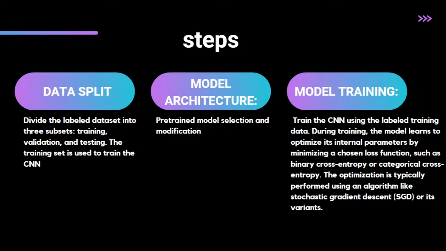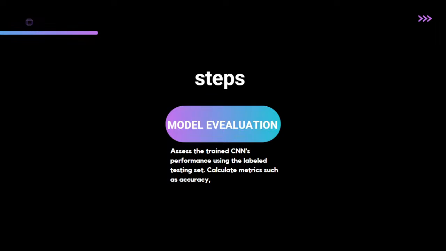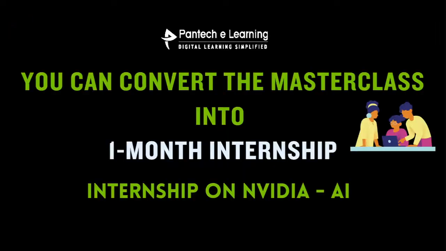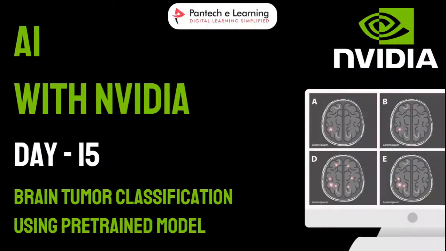Then we split it into parts. For model architecture, you can either go for a CNN from scratch, or here we prefer a pre-trained model, the MobileNet V2 version. That's what we will be using. Then we train the model with a particular optimizer for some epochs, and then evaluate its performance. The entire thing we are planning to do in TensorFlow in this session.